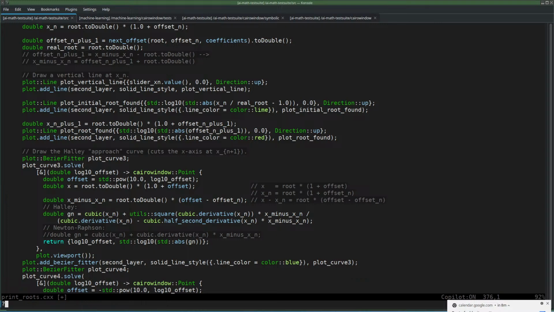I don't know where. Slider. There, slider. The slider value for xn, yeah. And then we do a single Halley step to get the value of xn plus 1. And for that x value, I can calculate now the floating point round-off error that we expect.